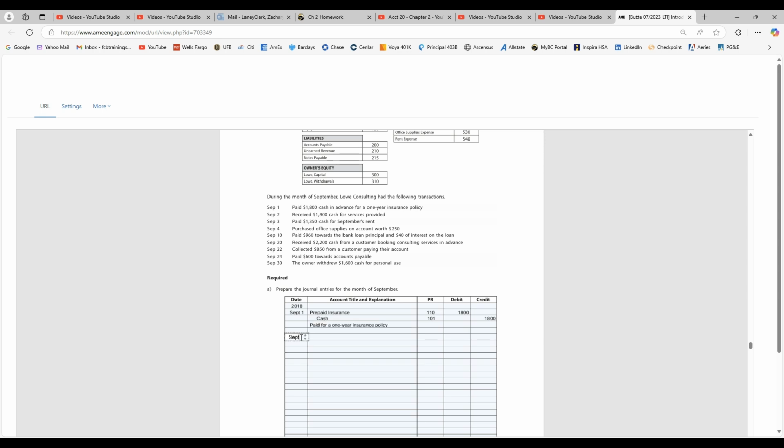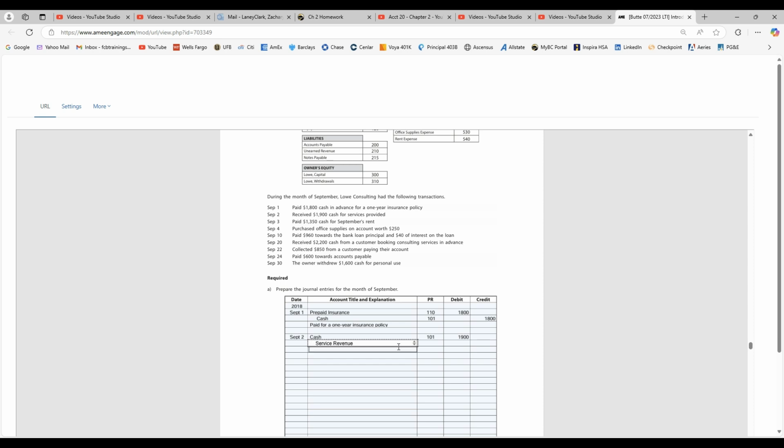Okay. On September 2nd, we received cash for services provided. So that's going to be debiting cash, which, like we just mentioned, is account 101. And we've got $1,900 in cash, so we're going to debit to increase our cash account. Then we've got the other side of this entry with the revenue to be recorded.